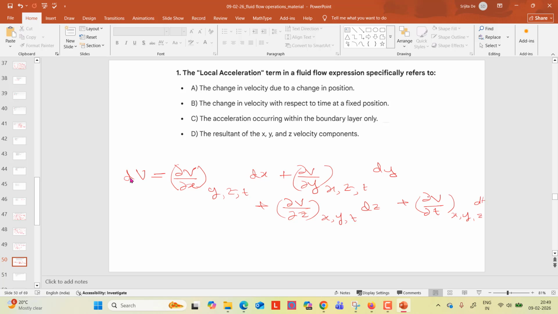So this term is finally going into the local acceleration contribution. So it is the change in velocity with respect to time at a fixed position. Next.